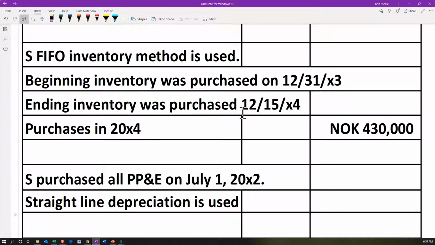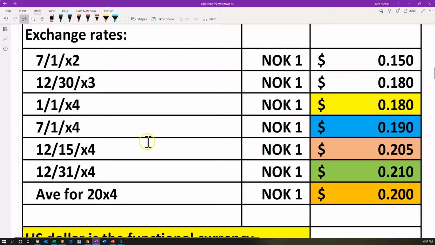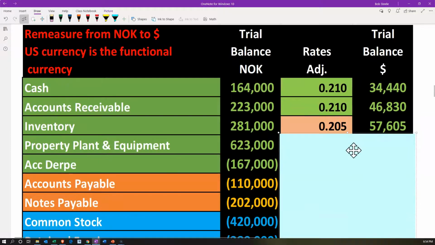It's not like a receivable or cash. So we're going to use the date that we purchased it, more of a historical date, which happens to be 12/15, at a rate of 0.205. So we're going to have the 281,000 times the 0.205, which gives us 57,605 in the currency.